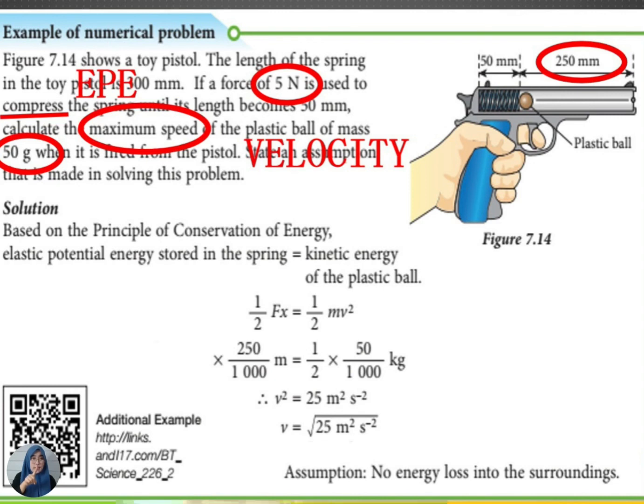But don't forget to convert the units. For example, 250 millimeter, you must convert it to meter. And for example, 50 gram, you must convert it to kilogram. Then after that you just continue with the calculation.